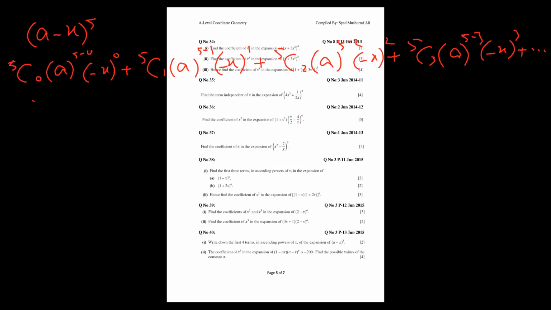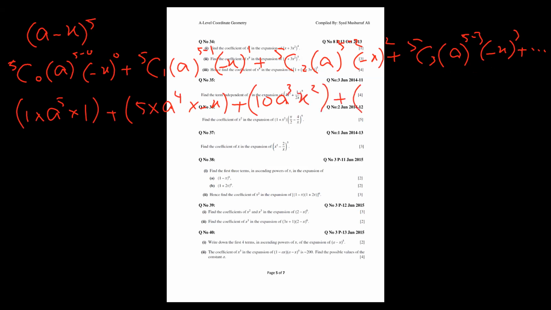Let's start from the beginning. 5C0, if you type it in the calculator, gives you 1. A to power 5 minus 0 is a to power 5, and something to power 0 is 1. So this is done. 5C1 is 5, and a to power 5 minus 1, which is 4. So a to power 4, times minus x. 5C2 is 10, and then a to power 3, and x to power 2.